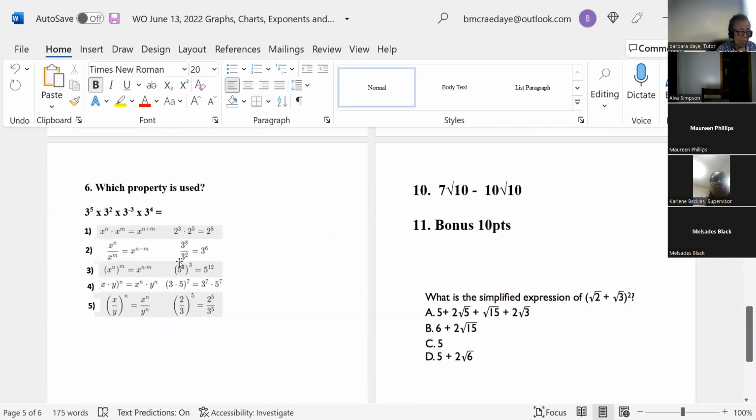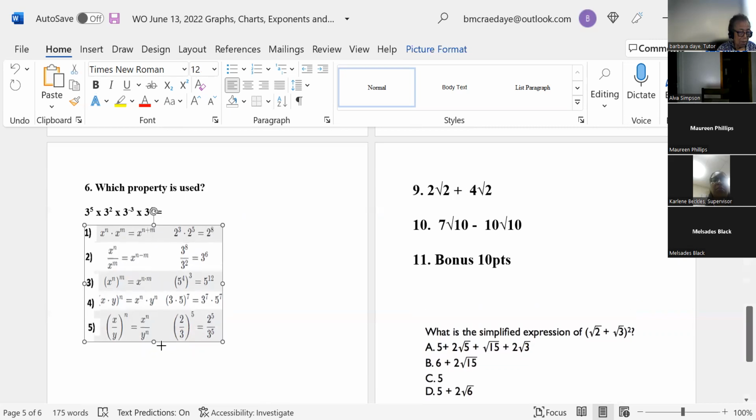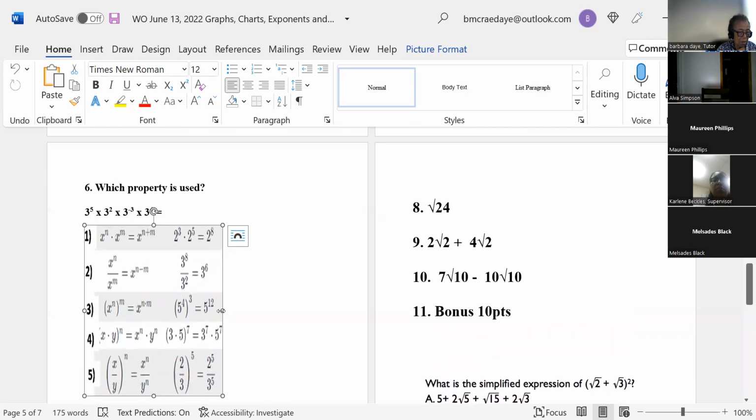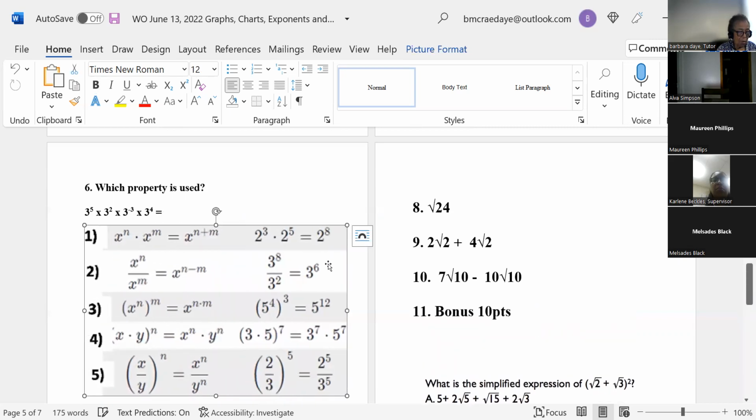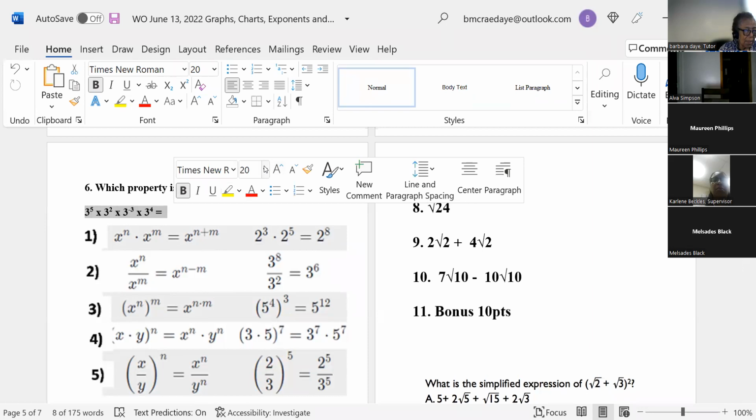Alva, you see it says which property is used. Now you have 5 properties. We just went over them, right? Okay, now here's the exponents.